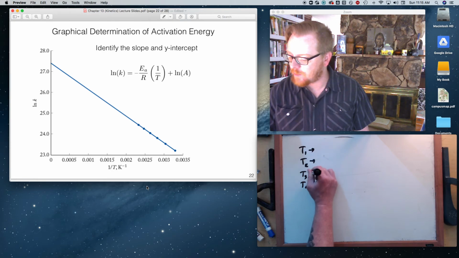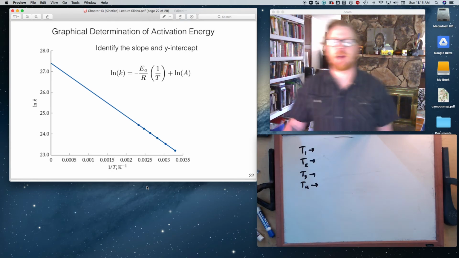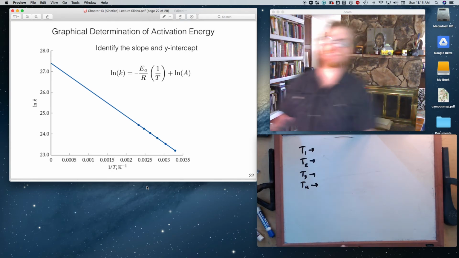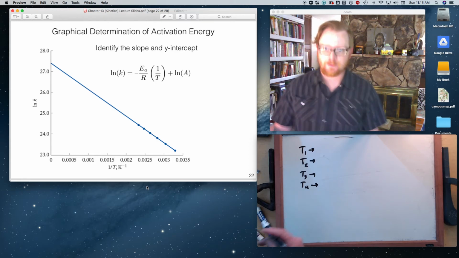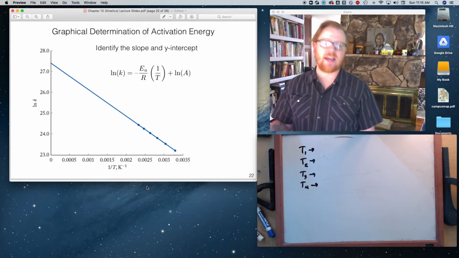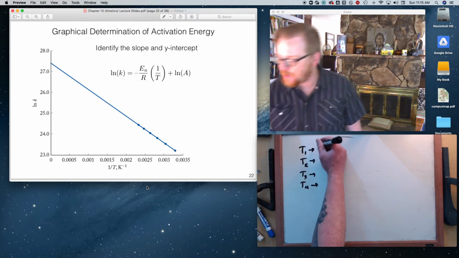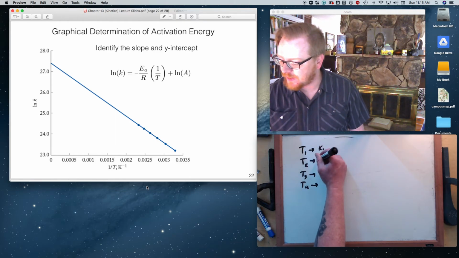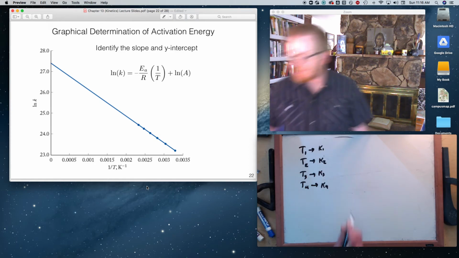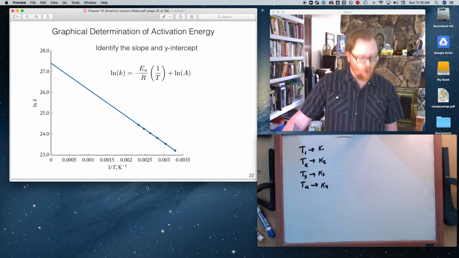And the idea would be in each of these experiments, you want to keep everything the same except the temperature. So you would try to keep concentrations the same, the reaction conditions the same, except you vary the temperatures. And what you would get then, because the rate constant is going to change with temperature, you would get a whole bunch of different rate constants.